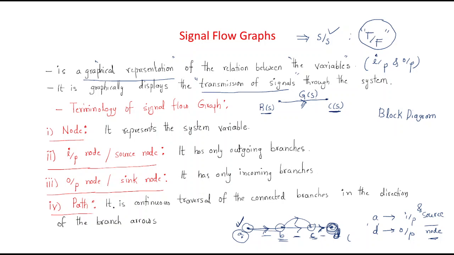Next, the path. It is a continuous traversal of connected branches in the direction of the branch arrows. Let's redraw this signal flow graph.